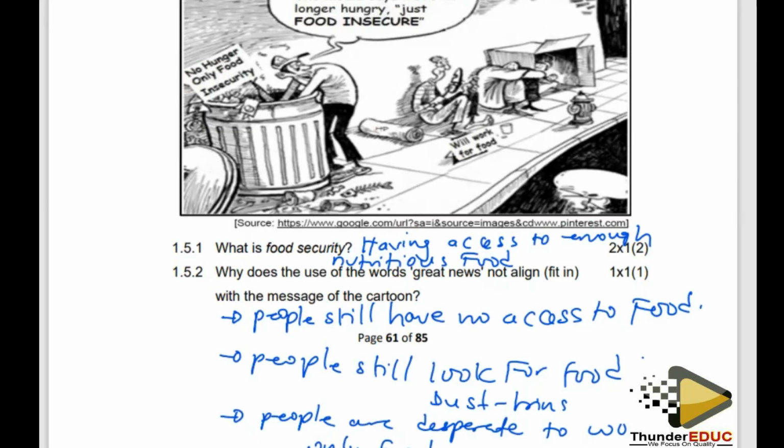This means that the two things do not support each other, because the message says we are no longer food insecure, but according to the cartoon, people are miserable, looking for food in dustbins, so they still don't have access to food. That makes the two pieces of information not support each other, because the message says something different, and that's why the cartoon is saying something different.